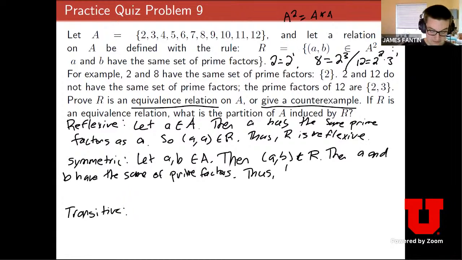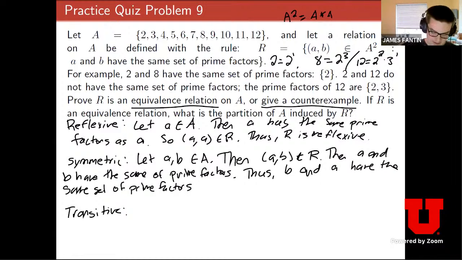Thus, B and A have the same set of prime factors. If A and B did, then B and A must. So thus, BA is in the relation, so R is symmetric.